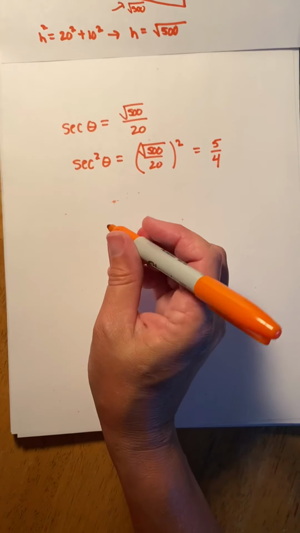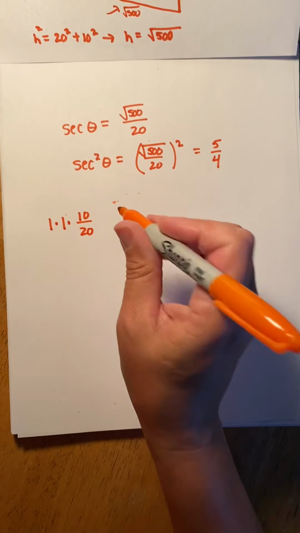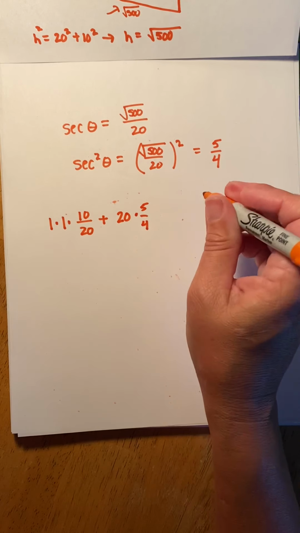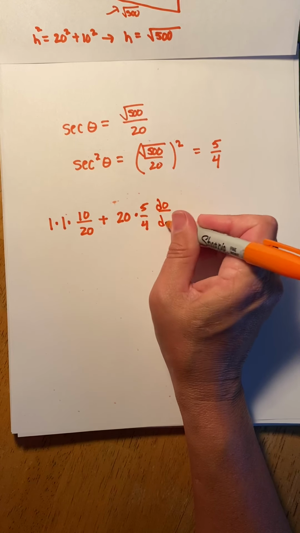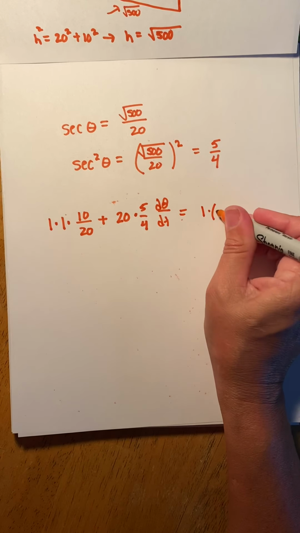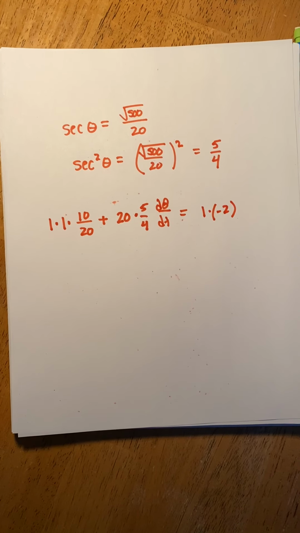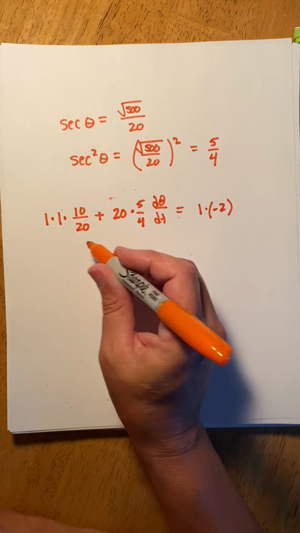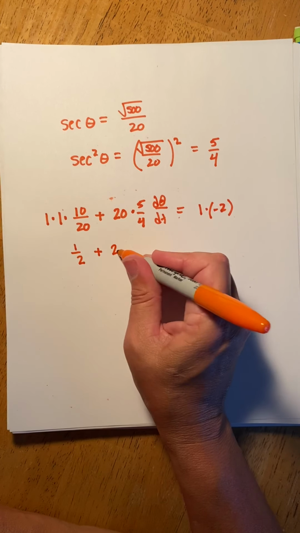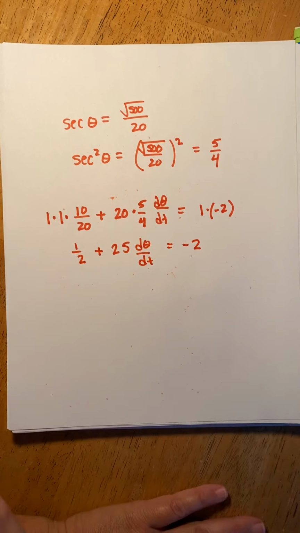Right, so now let's clean this all up. We have 1 times 10 over 20 plus 20 times 5/4 times d theta dt equals 1 times -2. Okay, and now we're going to solve for d theta dt. So I'm cleaning this up. This is just 1/2 plus 25 d theta dt equals -2.